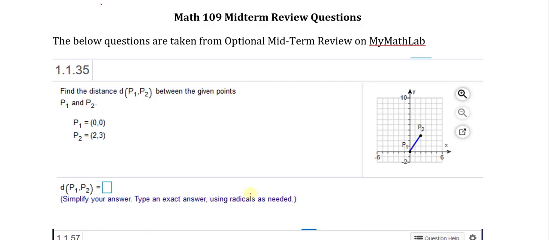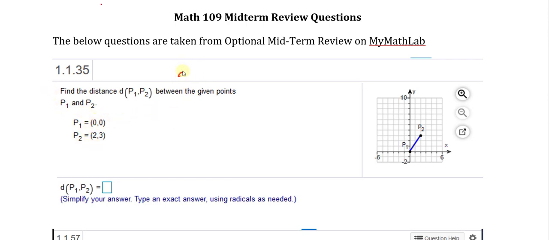The first question: find the distance between the given 2 points P1 and P2. You are given 2 coordinates, point 1 and point 2, and you are asked to find the distance.